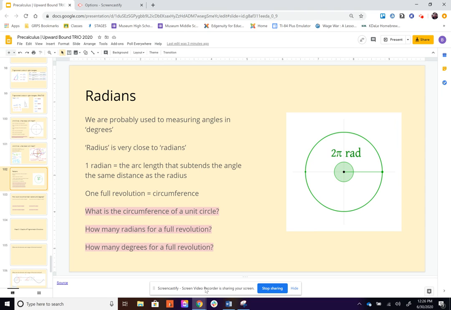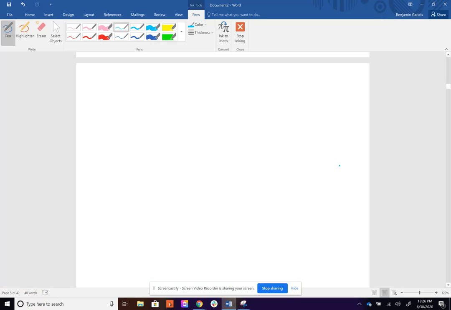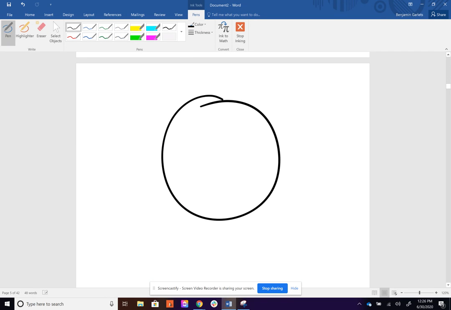So, okay, that's great. What does that mean? So if you've got a unit circle here, and we've got an angle that's created, let's go here. We've got a radius, and then another radius.